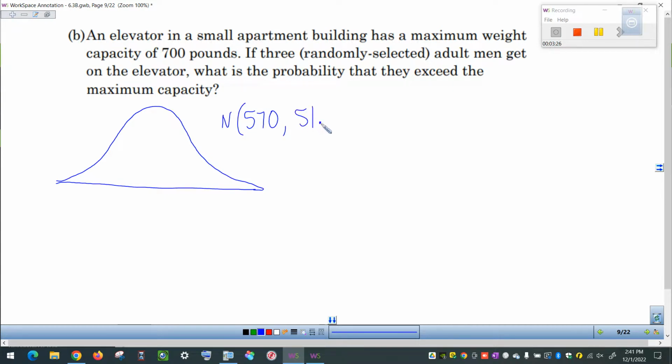Our new standard deviation was 51.96. And then the value in question is this cutoff for the maximum capacity of 700. So that's going to be somewhere over here to the right. And we're interested in finding the probability that they exceed 700 pounds, all 3 of them. And so exceed means our shading is to the right.